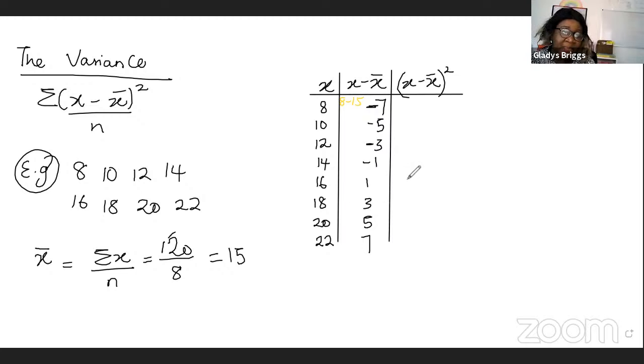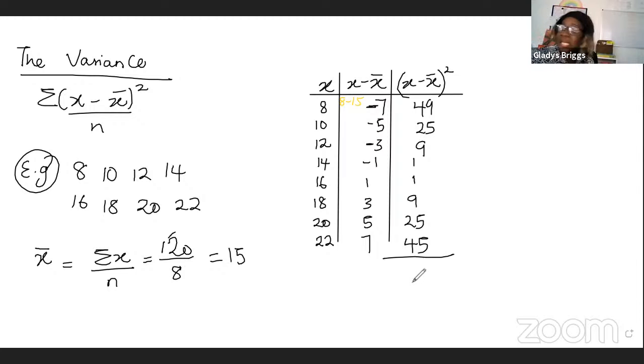See the pattern? Yeah? Now you square all of those things and that will take care of the negatives. This is going to be 49, 25, 9, 1, 1, 9, 25, and 49. Now you're going to find the sigma of it, yeah?